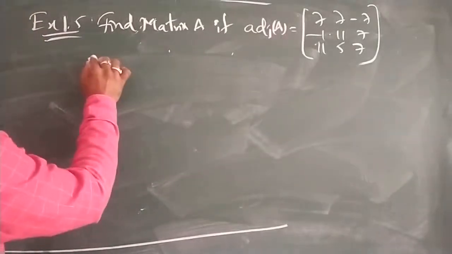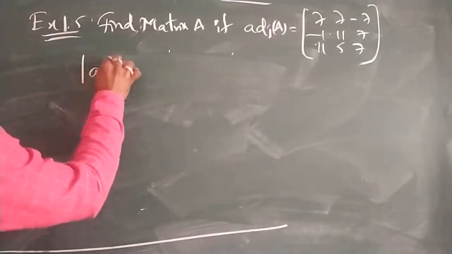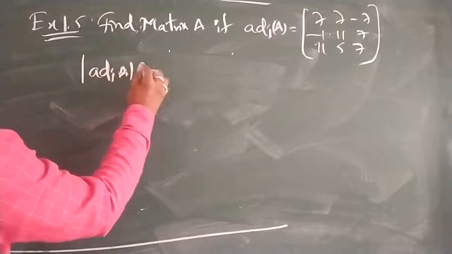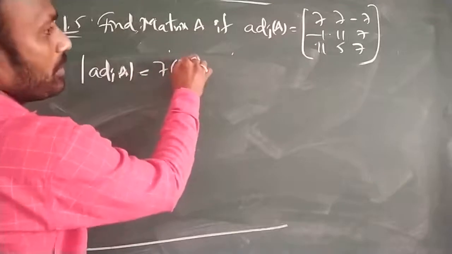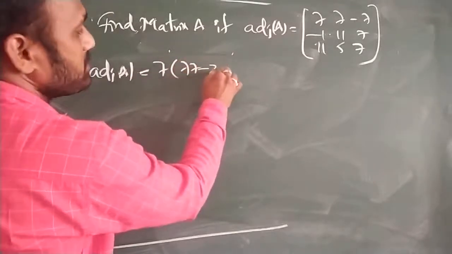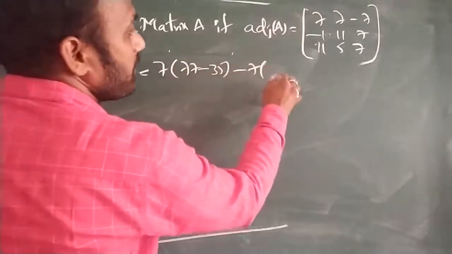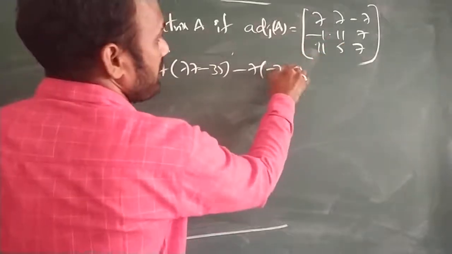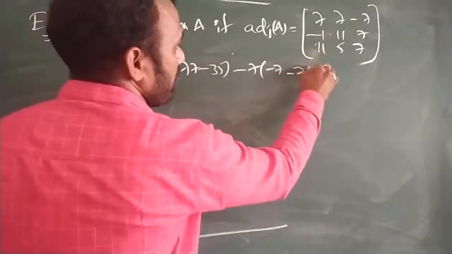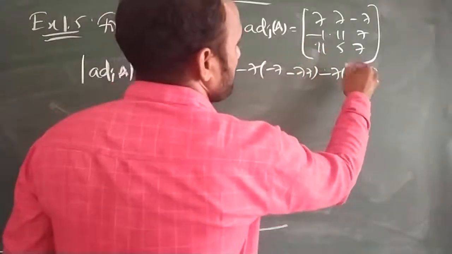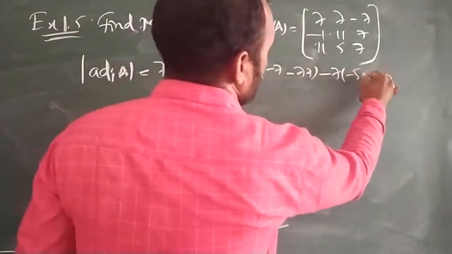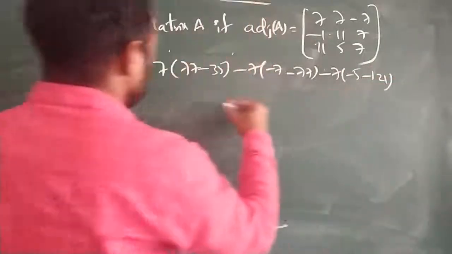So for the given matrix, let us find the modulus of adjoint A. That is 7 into (77 minus 35), minus 7 into (minus 7 plus minus 77), minus 7 into (minus 5 minus 121).